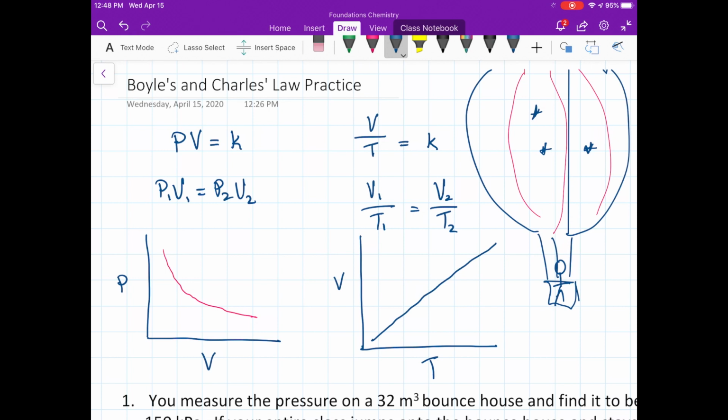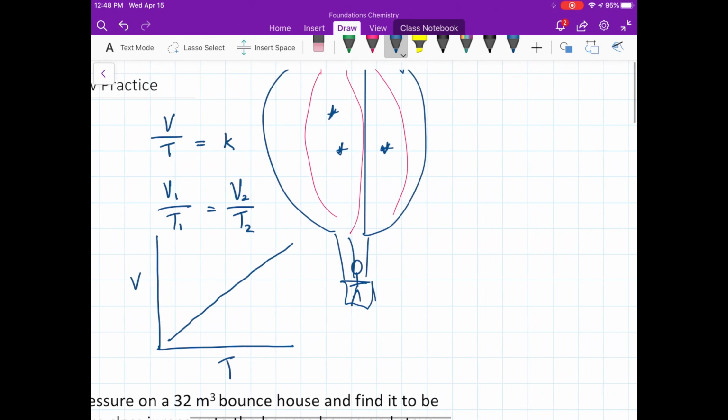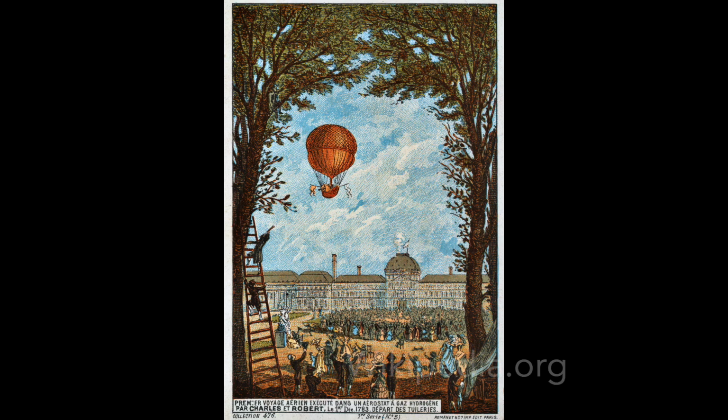But Charles, what he did was, him and the Roberts brothers, they filled a balloon with hydrogen, and they actually sold tickets for people to come and watch them fly off in this thing. It was in 1783. So just to give you context, 1789 was the French Revolution. So it's 1783. It's December, so it's cold out. And they are in Paris.